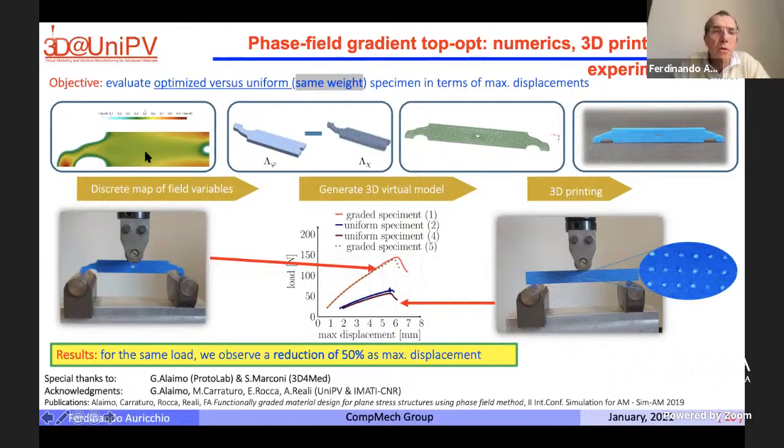For example, in this color map, the different colors mean that the material has different densities. So the red is a region with higher density, the green is a region with less density, and clearly the map is continuous. So the question is how can you transform these graded, shaded pictures into a real graded structure?